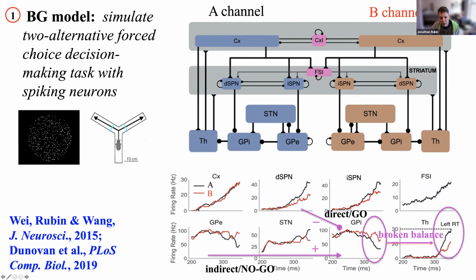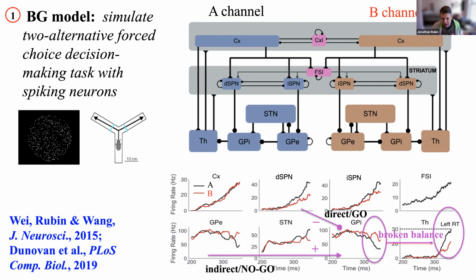We set things up with cortical signals ramping up over time to the two channels, and we're not putting any bias towards one option or the other in place for now, because we're just trying to do this baseline exploration of this mapping.